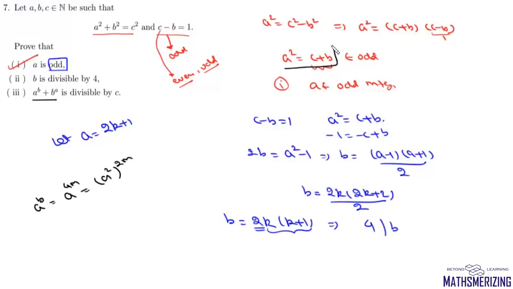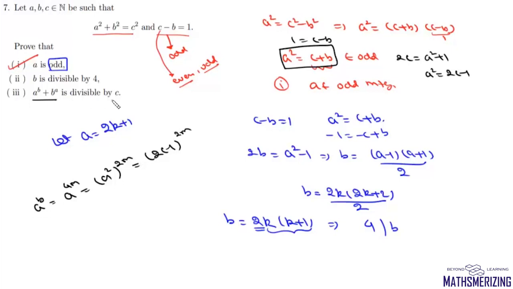Now a square is c plus b and c minus b is 1. So we'll add them. Then we can write 2c equals a square plus 1, and we can write a square as 2c minus 1. Then we can write this as 2c minus 1 to the power 2m.